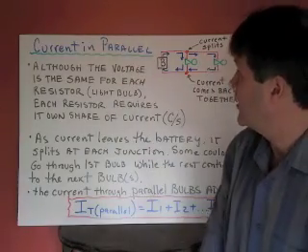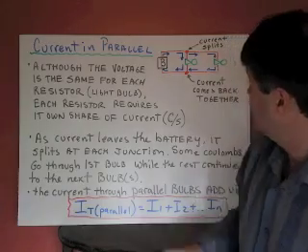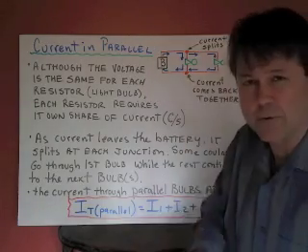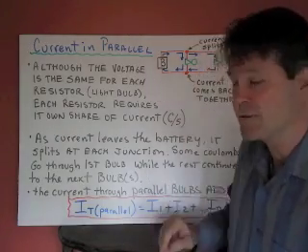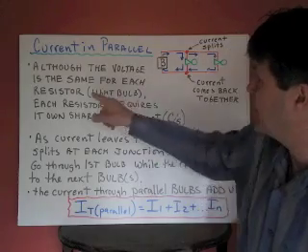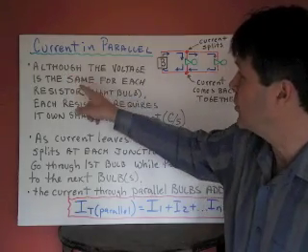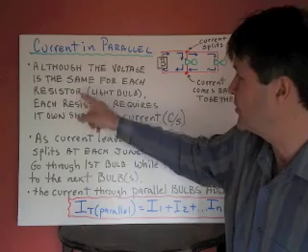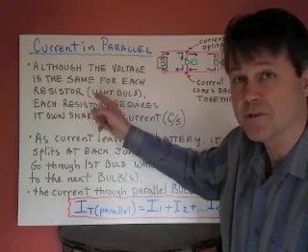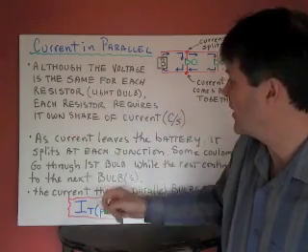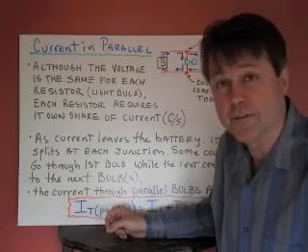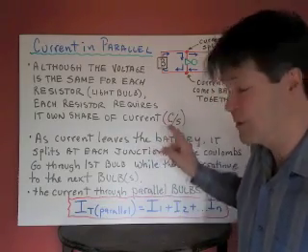Now current in a parallel circuit. In this case I've only drawn 2 light bulbs, that's sufficient to show you what happens. Although the voltage is the same for each resistor, the light bulb serves as the resistor, and each resistor requires its own share of current, and current is coulombs per second.